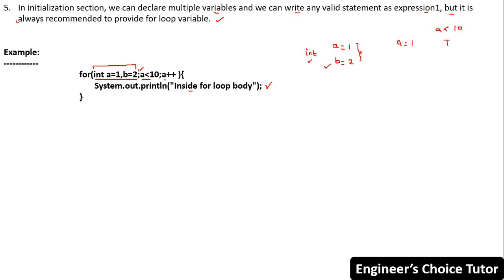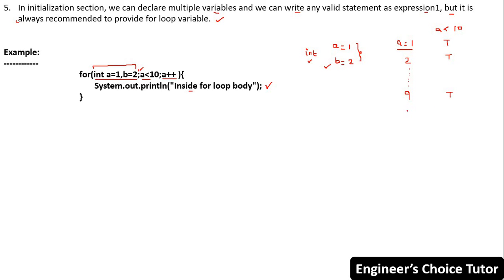Now next, a++ performs an increment operation on a. The value of a becomes 2. 2 is smaller than 10, true. Then the same System.out.println statement inside the for loop body will execute. Like this, one point will come where the value of a becomes 9. 9 is smaller than 10, true.